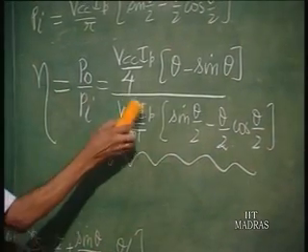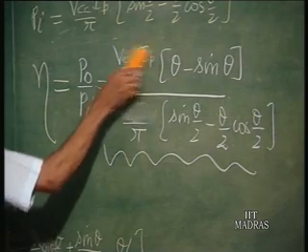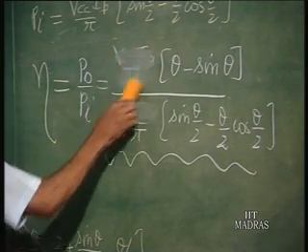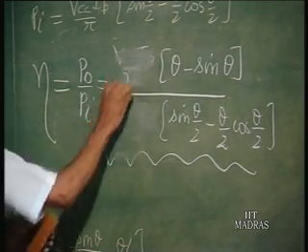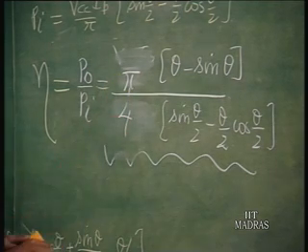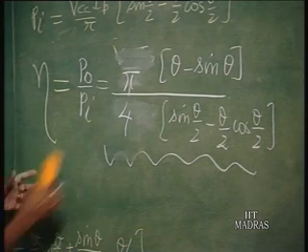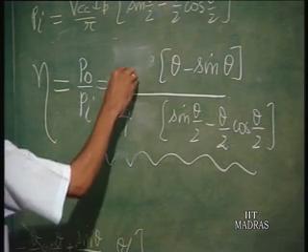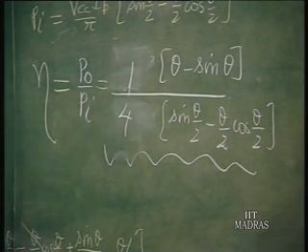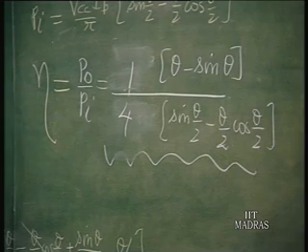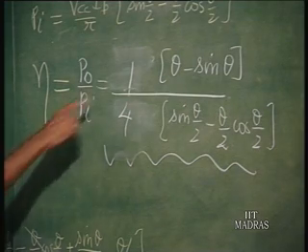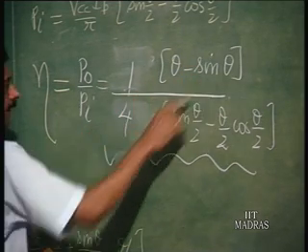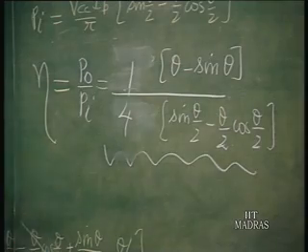So, VCC Ip, it is therefore independent of that. Pi also gets cancelled. In fact, VCC Ip by pi is in both the things, and in one it is by 4. So, only 4 will be there, theta minus sin theta. Just verify this, right.